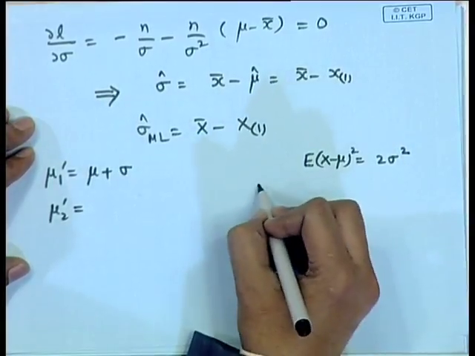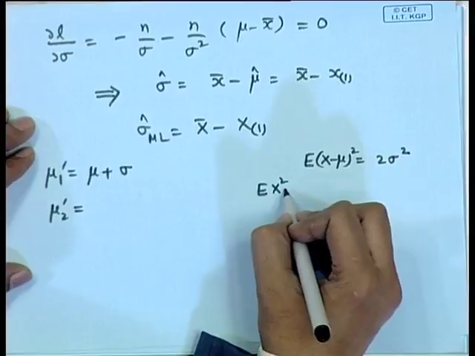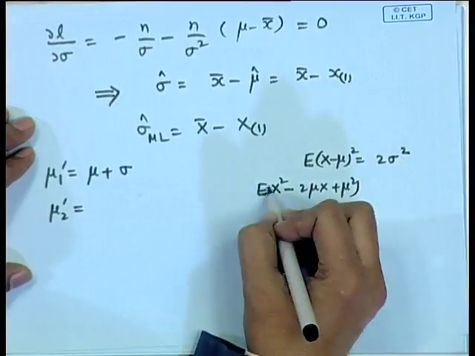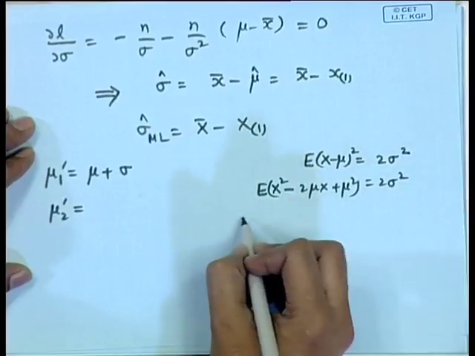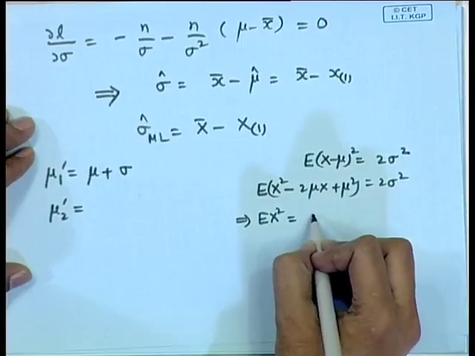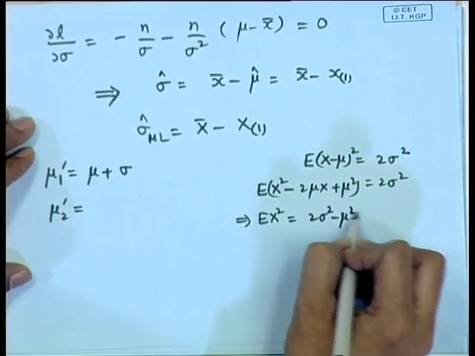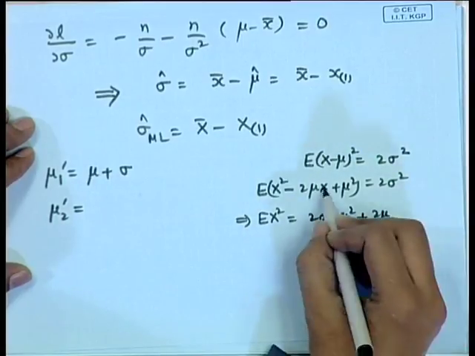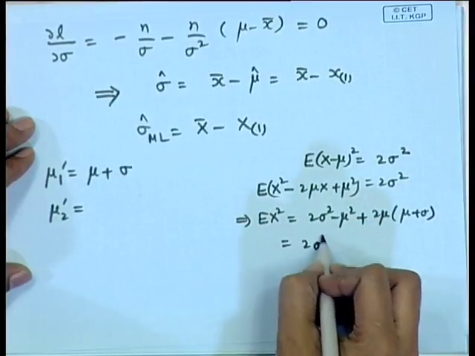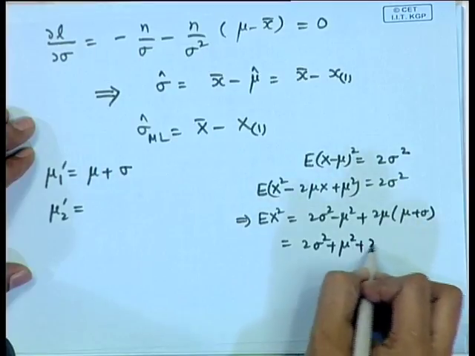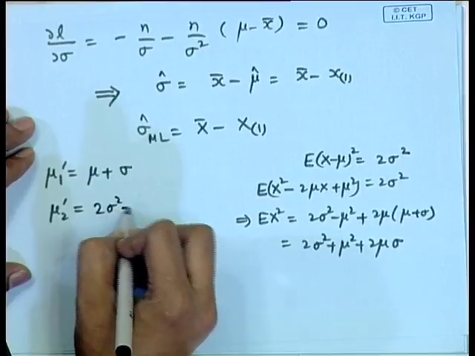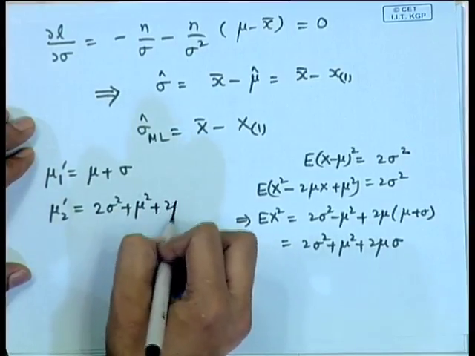So, expectation of x square minus 2 mu x plus mu square is equal to twice sigma square. So, expectation of x square is equal to 2 sigma square minus mu square plus twice mu times expectation of x, that is mu plus sigma, that is equal to twice sigma square plus mu square plus 2 mu sigma. So, the second moment is twice sigma square plus mu square plus 2 mu sigma.